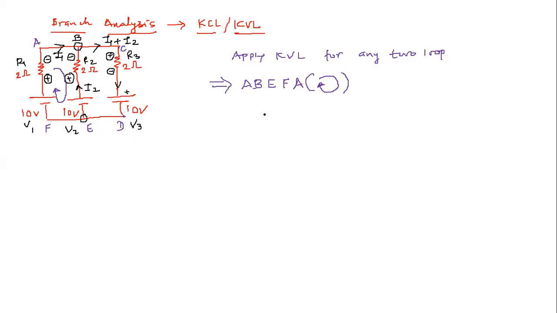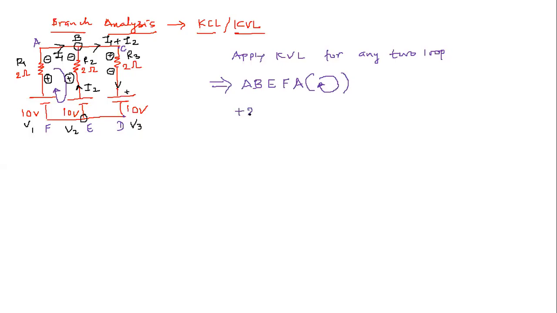So, try to solve this one. A, B, E, F, A, right? From A to B and from B to A, what do I see, I'm writing down the equation.